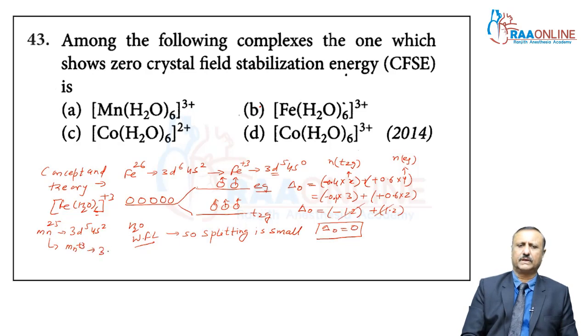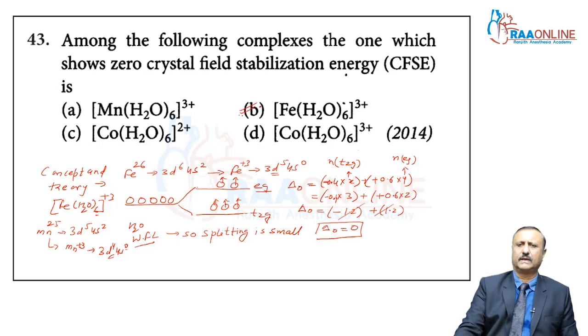So the electronic configuration is 3d4 4s0, and you fill these 4 electrons in this manner: 1, 2, 3, 4, put 3 electrons in X and 1 electron in Y, and calculate the CFSE. In this way you can calculate all the options and get the answer.